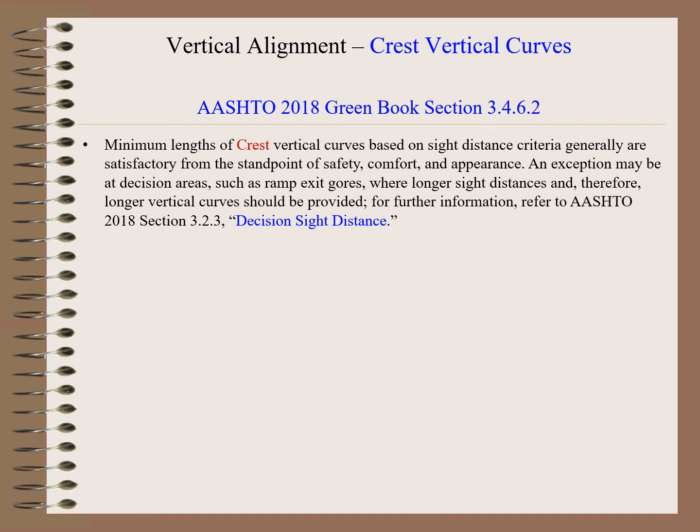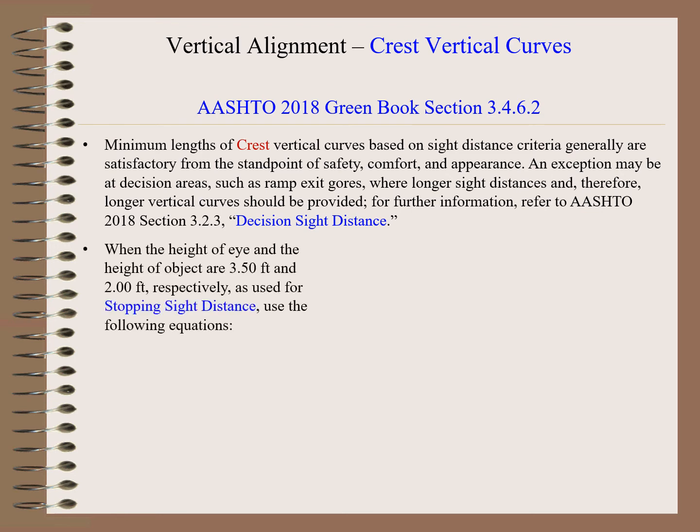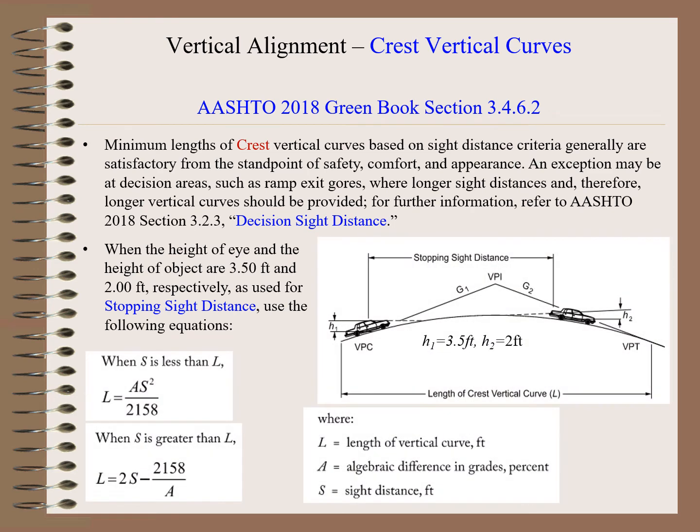For further information, refer to AASHTO's 2018 Green Book section 3.2.3, Decision Sight Distance. When the height of eye and the height of object are 3.5 feet and 2 feet respectively, as used for stopping sight distance, you should use the following equations.